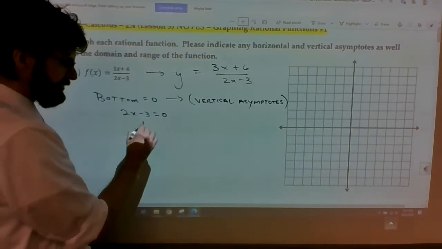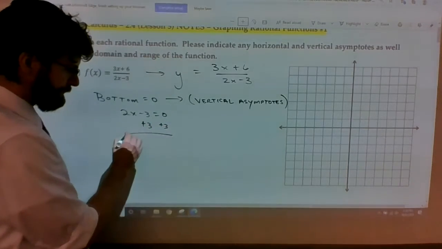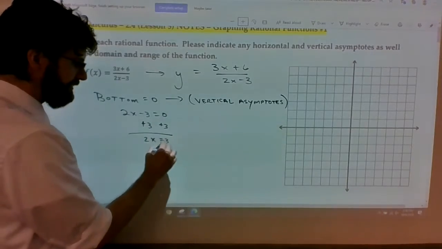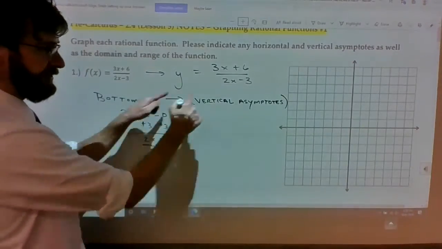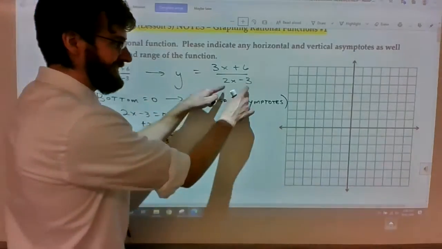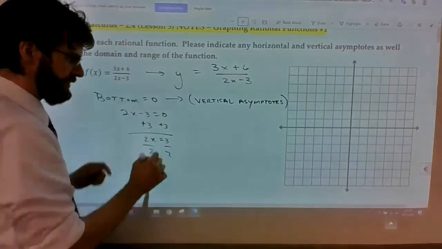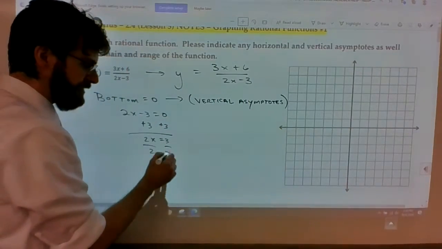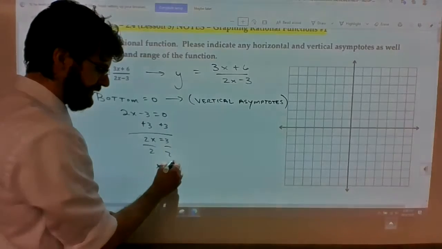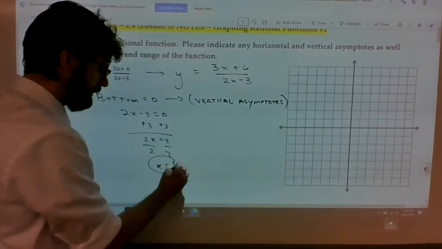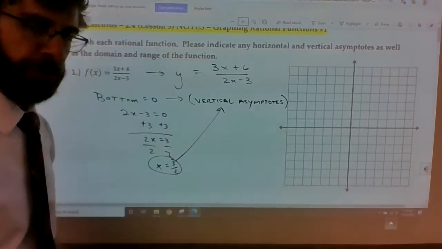So the solution to this equation, if you add 3 and divide by 2, again, I just set the denominator, the bottom, equal to 0. I got x equals 3/2 or 1.5, whichever way you want to look at it. That would be my vertical asymptote.